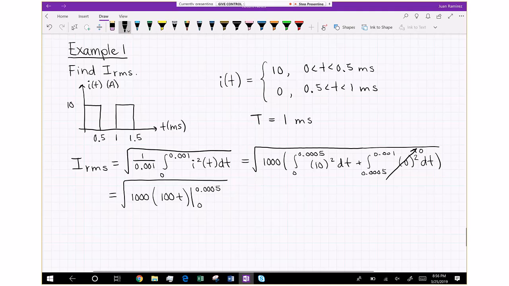Okay, so 10 squared will be 100, and then you integrate that, you get 100t from 0 to 0.5 milliseconds, and that's all multiplied by 1,000. All right, well, then we just work that out, so it'll be 1,000 times 100 times 0.0005 minus 100 times 0.